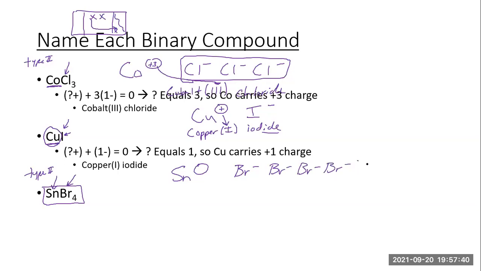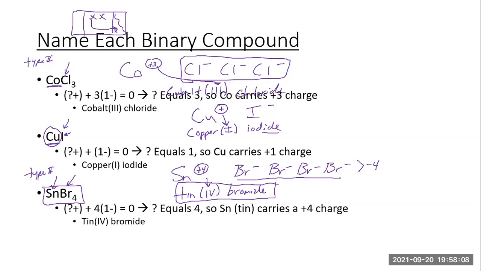That gives me a grand total of -4. That means in this particular case, the tin should carry a +4 charge to balance it out. That then would give us tin Roman numeral 4. And then again, even though there's 4 of them here, we get the IDE treatment, and we would have tin Roman numeral 4 bromide. Any questions on that particular one there?